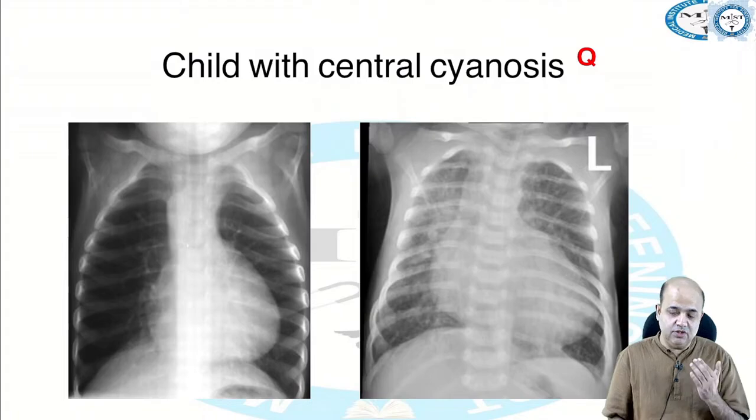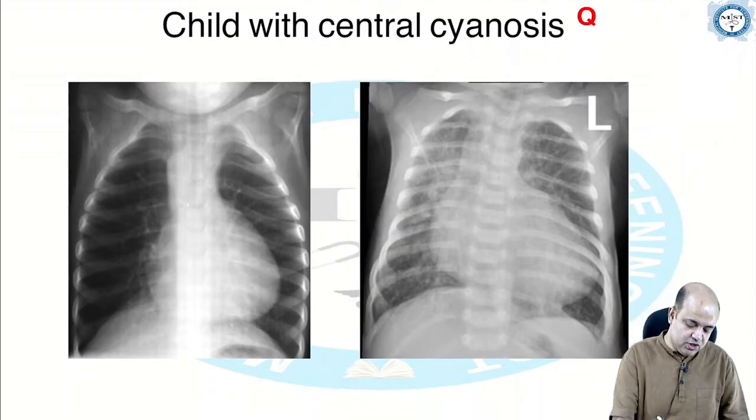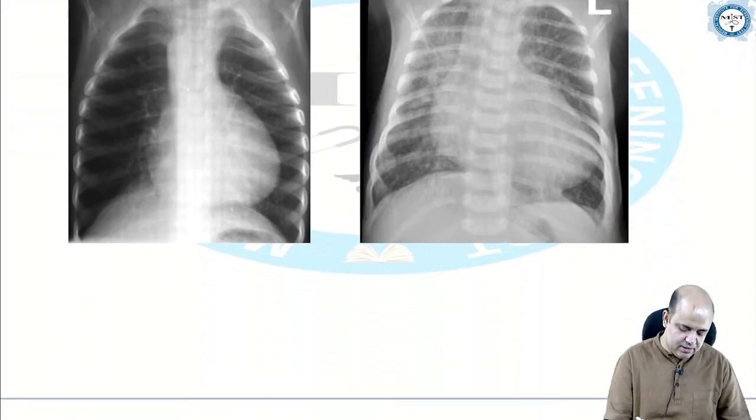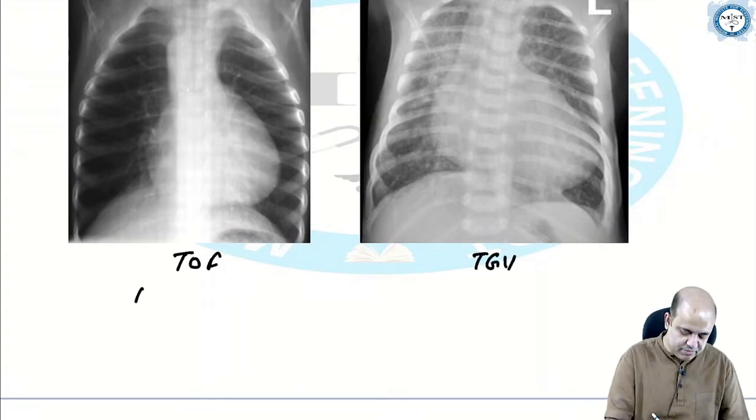Congenital heart disease, you must have also read in pediatrics, two of the conditions that are commonly confused. One is the tetralogy of Fallot, the other is the transposition of the great vessels. Tetralogy of Fallot usually presents at the first birthday.